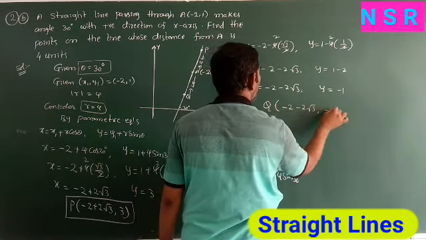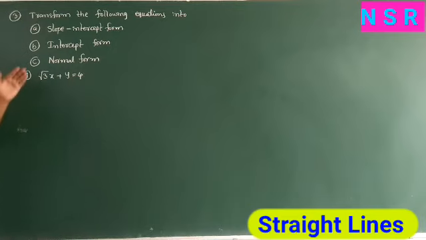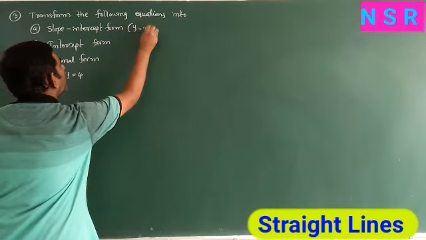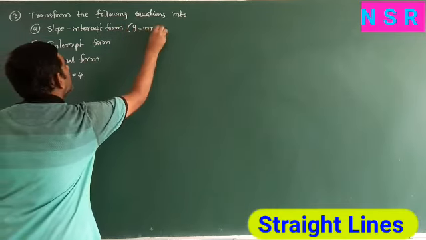So next, question number 3: transform the following equations into slope intercept form and normal form. What is slope intercept form? y is equal to mx plus c. So the given equation changes into y equal to mx plus c. What is intercept form? x by a plus y by b equal to 1.